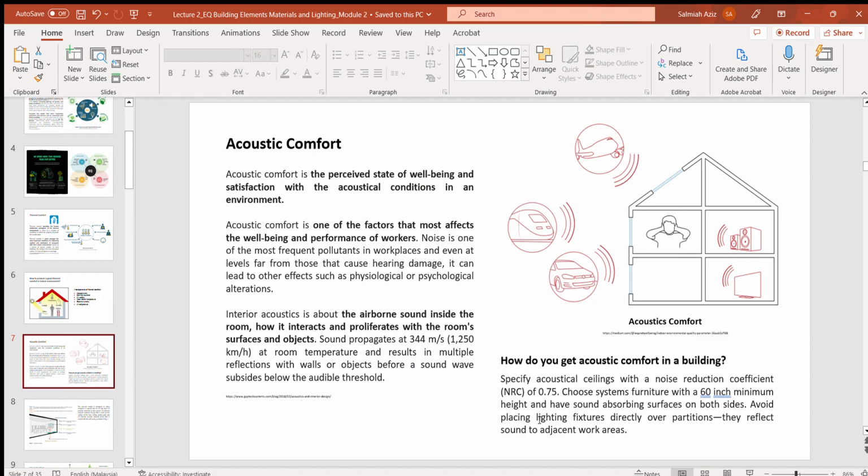Avoid placing lighting fixtures directly over partitions. They reflect sound to adjacent work areas. So basically, whatever lighting fixture you install in a building is supposed to be placed not directly on the wall.